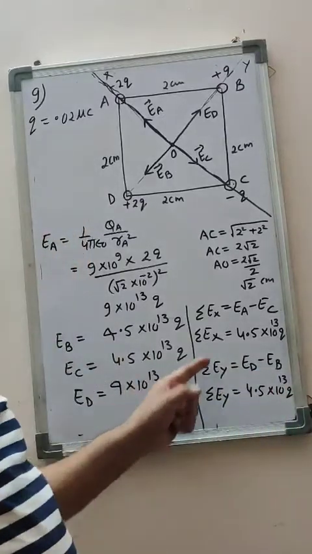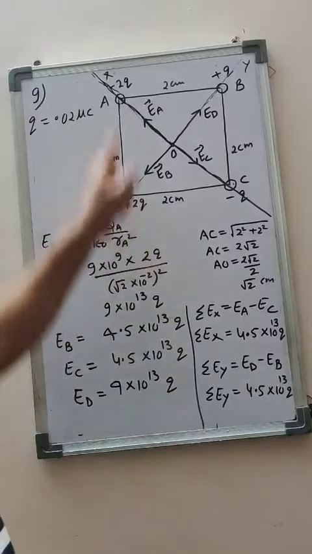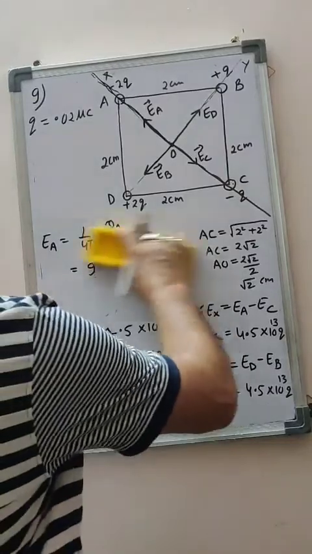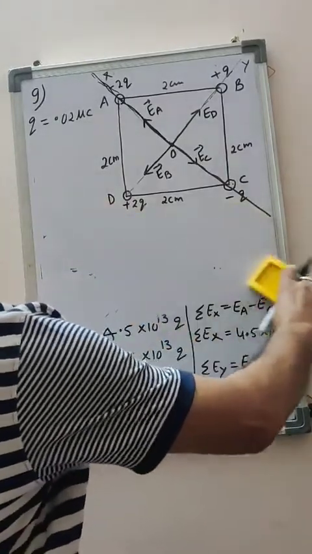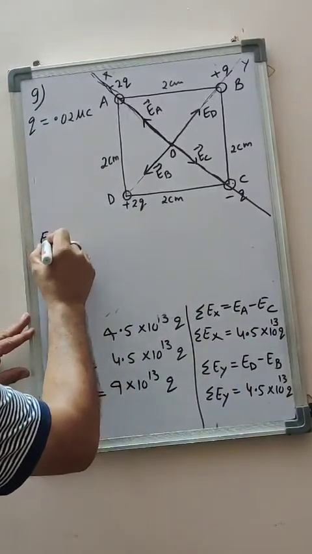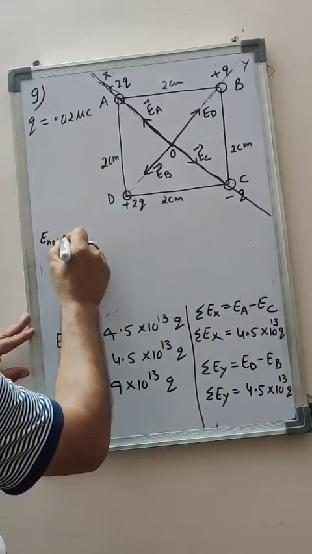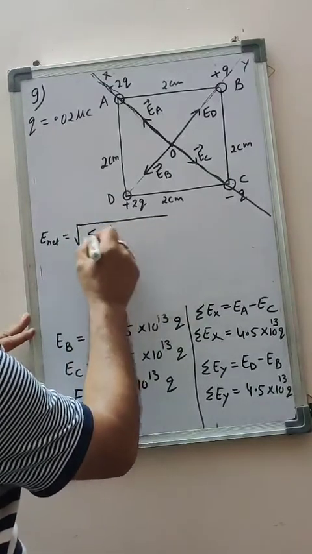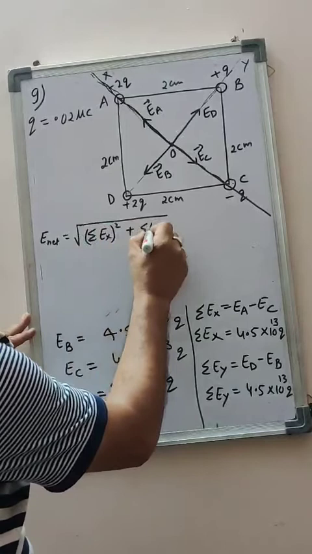Now sigma Ex and sigma Ey, two diagonals are perpendicular, so the net field at O will be under root sigma Ex square plus sigma Ey square.